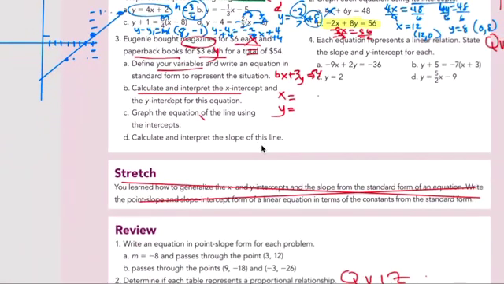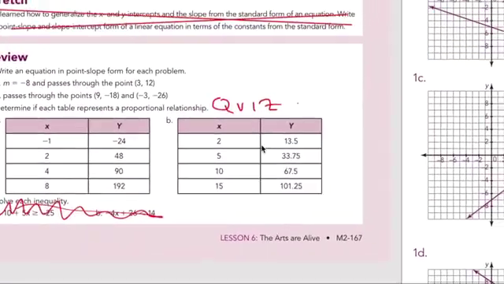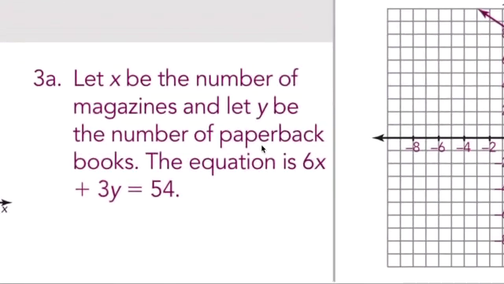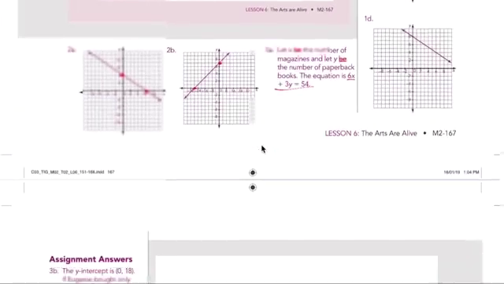So here's 3, here's the answer. I don't have the room to do this. Let X be the number of magazines, and Y be equal to the number of paperback books. Like that. I wrote, and then graphing it.